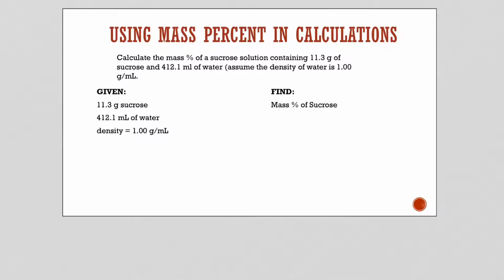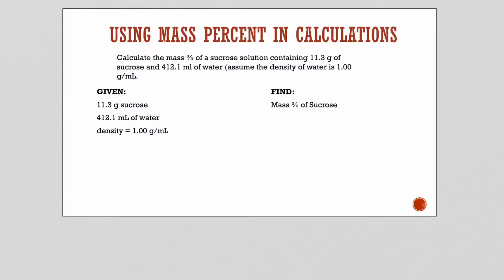Now, what you'll see is that we'll often be using density in these calculations to convert between grams of something and volume of something, because if our solvent is a liquid, we'll often have measured that in some sort of volume units, but to calculate a mass percent, we need a mass of solvent. And so we have to use our density to make that conversion.